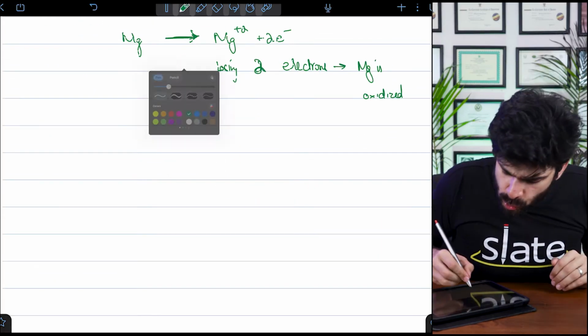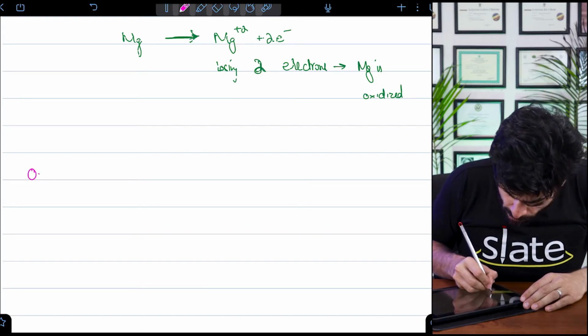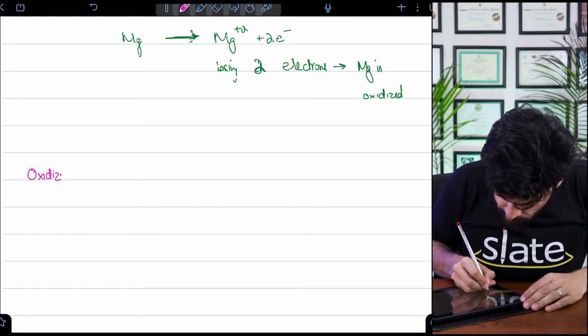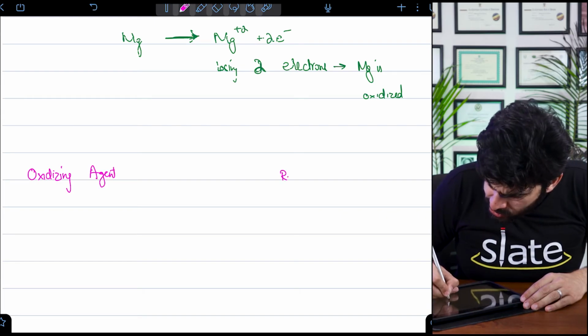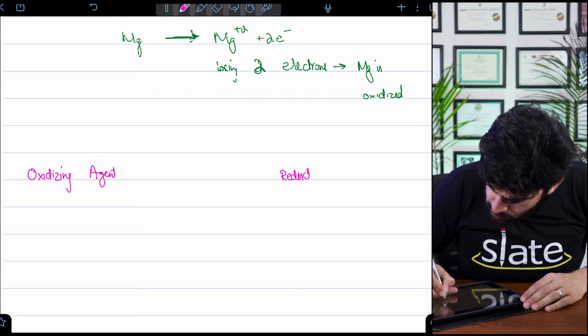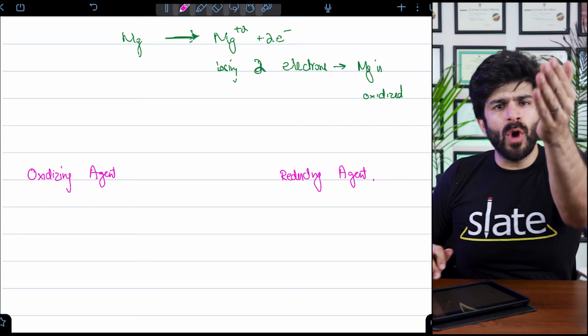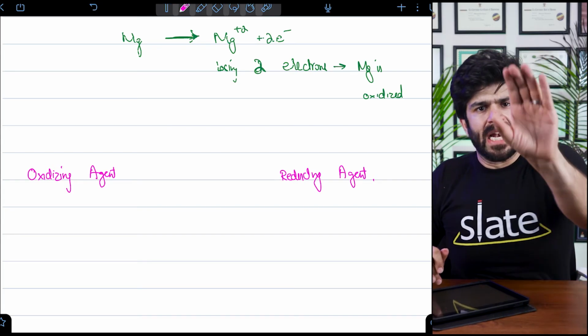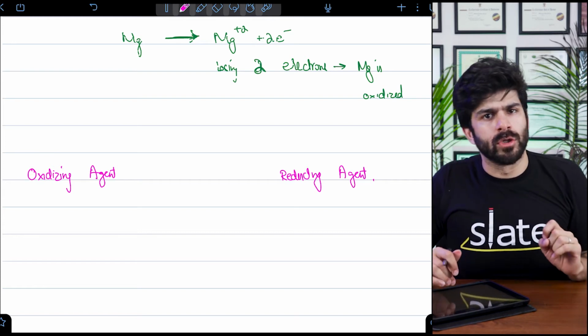Now let's confuse you. That's an important part where students get confused. Oxidizing agent and reducing agent. Now, if you have electrons and I'm taking electrons from you, you just lost electrons.